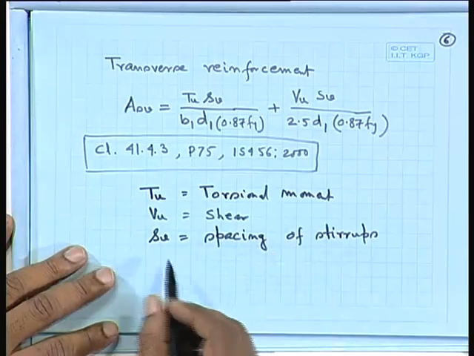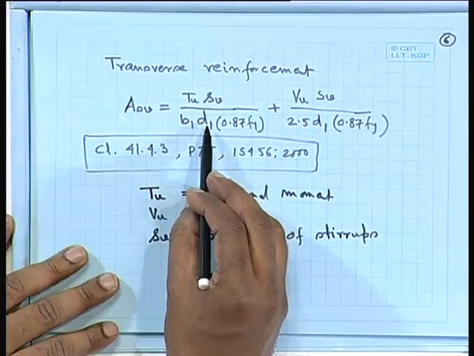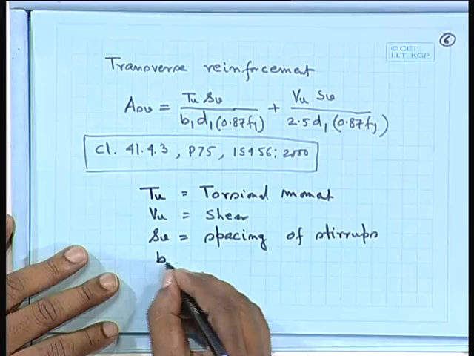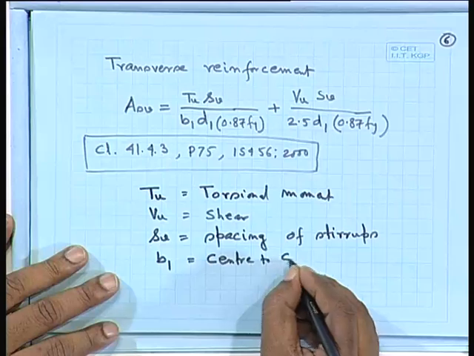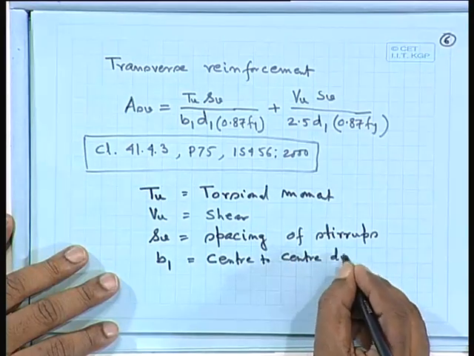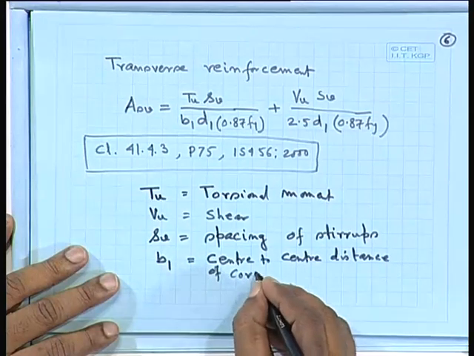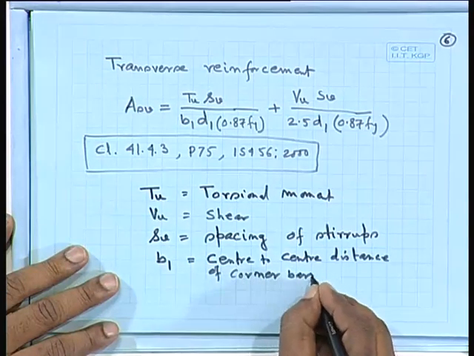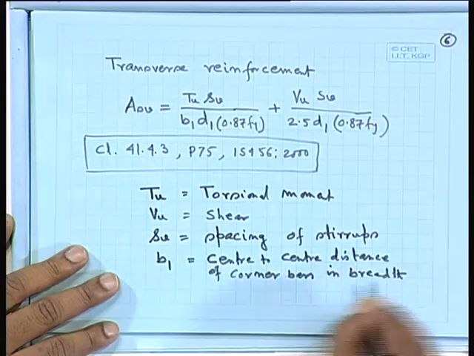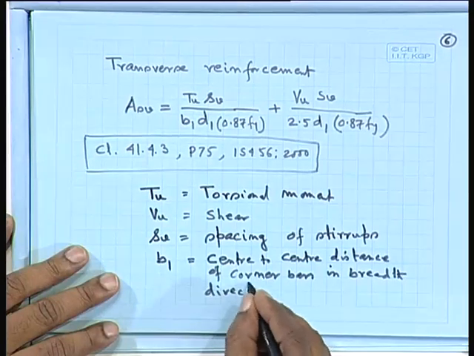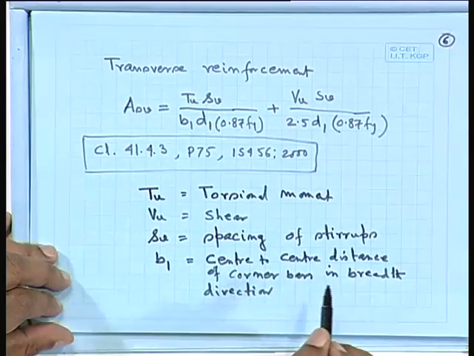So we have to provide stirrups at spacing Sv, and this b1 and d1. b1 is the center to center distance of corner bars in breadth direction, please note. Center to center distance of corner bars in breadth direction.